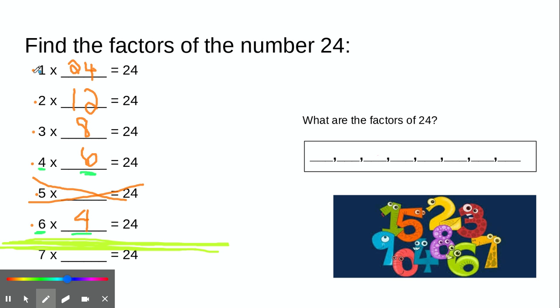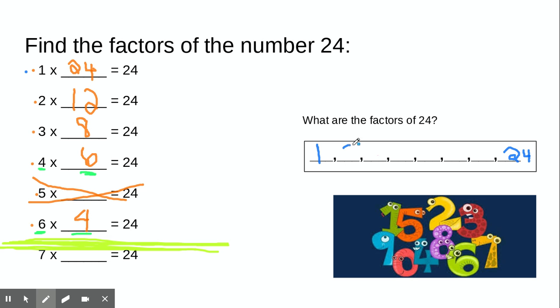Now that we have all of our numbers factored out for 24, we're going to list them over here in the box. Remember, we work outside in. So starting with our 1, and then we have 24 starting on the outside.